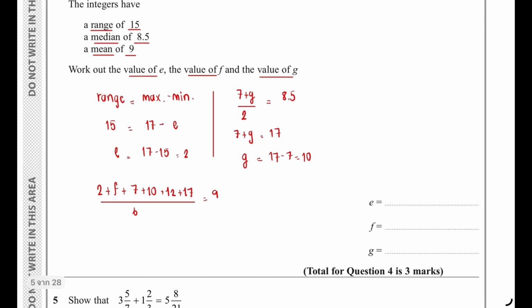So 9 times 6 equals 54. 2 plus 7 is 9, 9 plus 10 is 19, 19 plus 29 equals 48. So 48 plus F equals 54. Therefore F equals 6. So we have E equal to 2, F equal to 6, and G equal to 10.